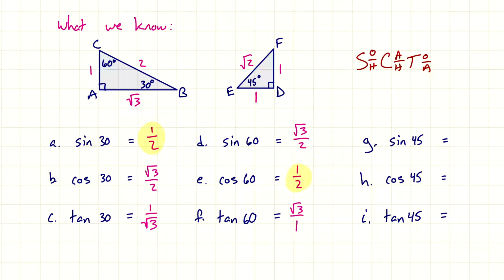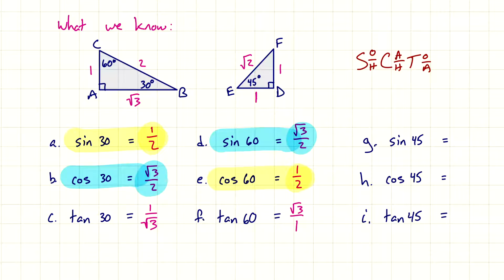Those are actually the same measurement. And if we look at cosine of 30, square root of 3 over 2, you'll notice sine of 60 is also square root of 3 over 2. So those have the same answers as well.